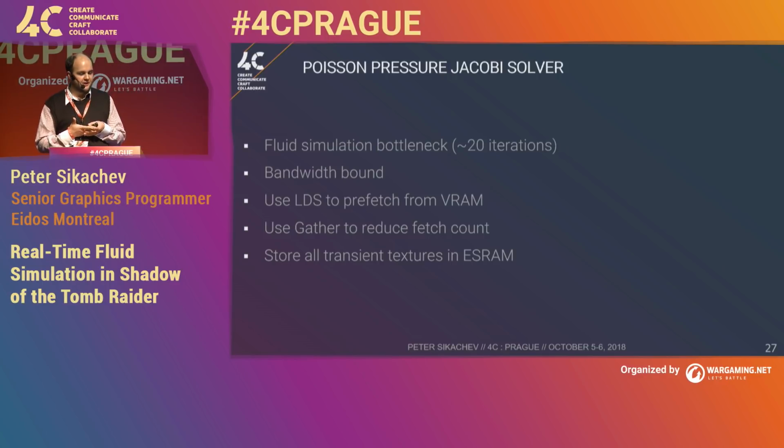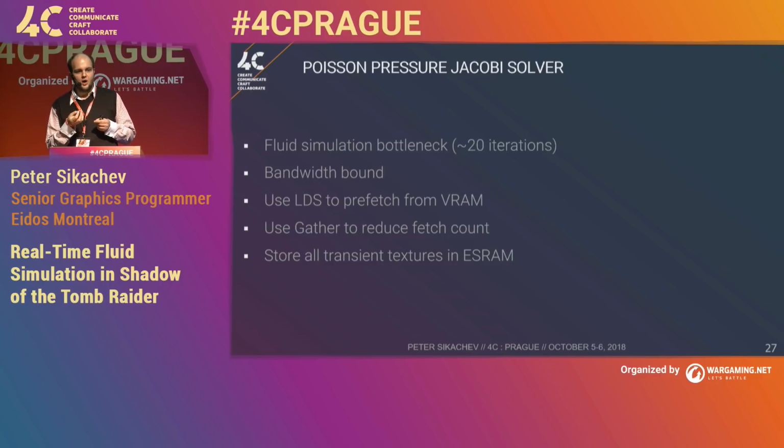By prefetching the bigger areas of pressure and obstacles to the local data storage from VRAM. Then we use the gather instruction to reduce the fetch count. The gather instruction allows you to fetch 4 samples as if you were doing a bilinear filtering, and it's surprisingly very effective.